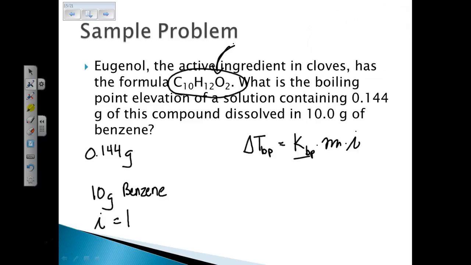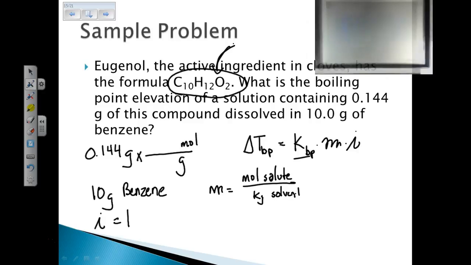So from here we can now determine the molality. Molality equals moles of solute over kilograms of solvent. So we have to make sure we convert this from grams to moles. In order to convert it to moles, we need the molar mass. So I will call up my calculator here so that you can see what I am doing.